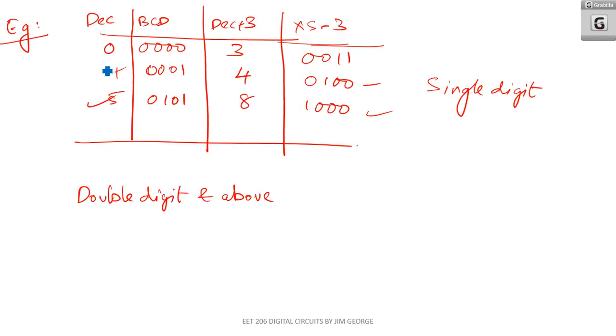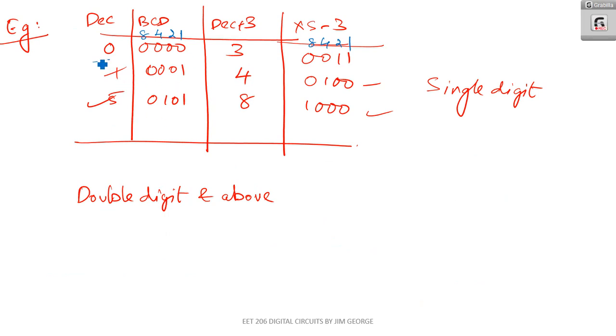Now some examples of single digit XS3 codes, that is 0. It is basically an 8421 code. The XS3 code can also be written in 8421 format. Okay, that is the BCD format. 0 means 0000, 1 means 0001. Okay, that is direct conversion from decimal to BCD.